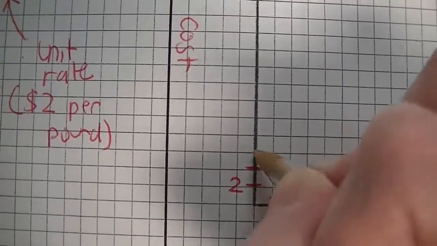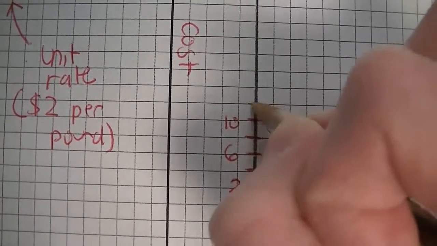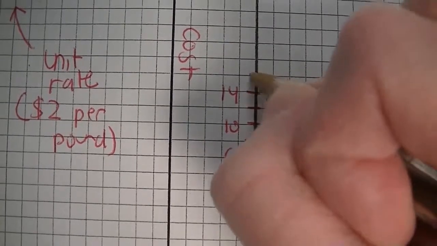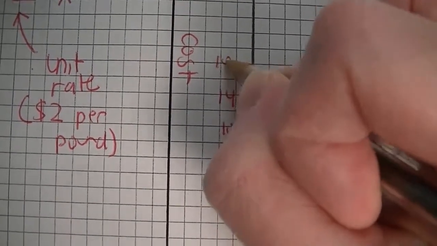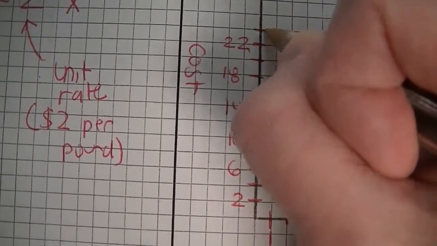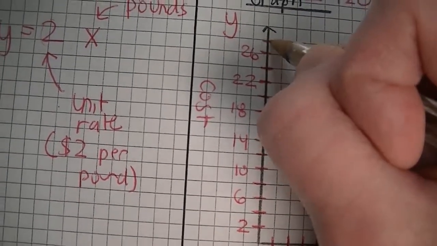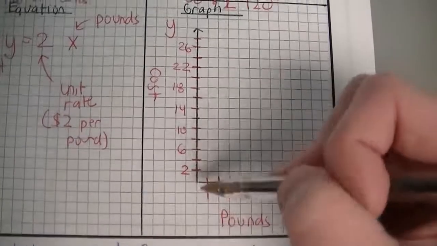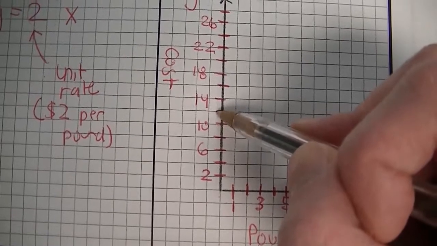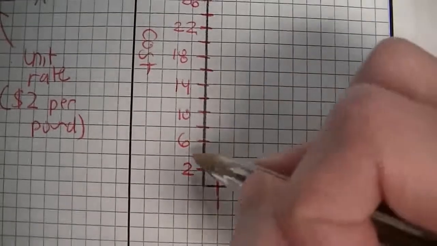Right here would be 4, 6, 8, 10, 12, 14, 16, 18, 20, 22, 24, 26, 28. Okay, and again I did the thing where I am counting by 2. See, this would be 2, 4, 6, 8, 10, 12, 14, 16, so on and so forth, but I didn't write it because I felt like with my handwriting I would just smush it.